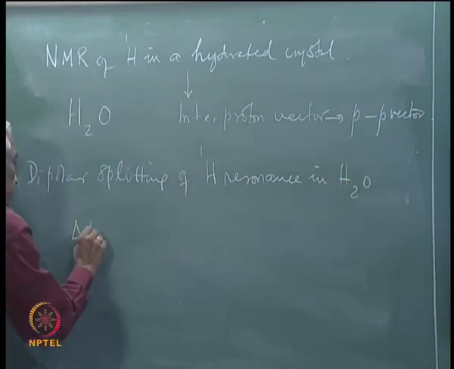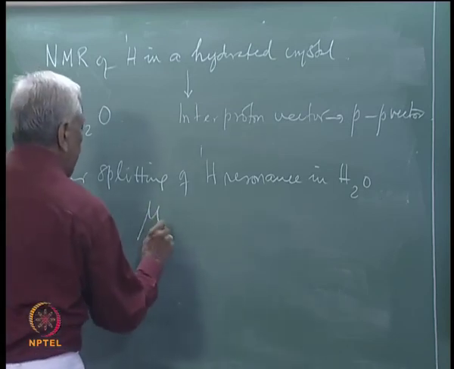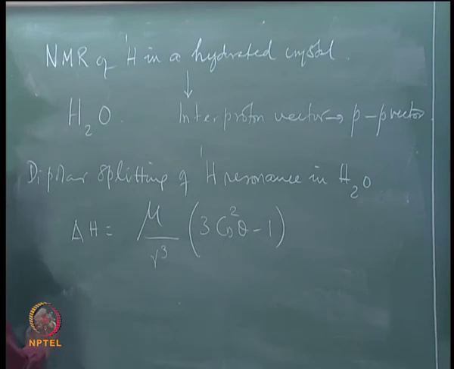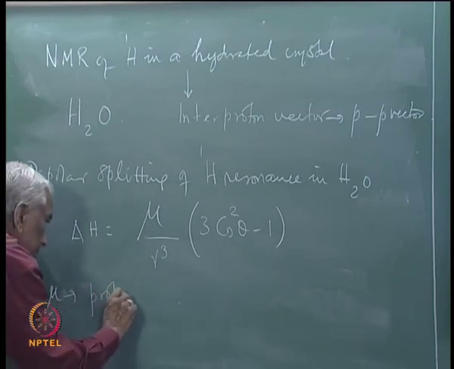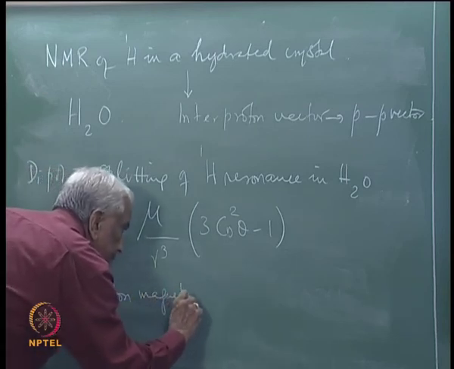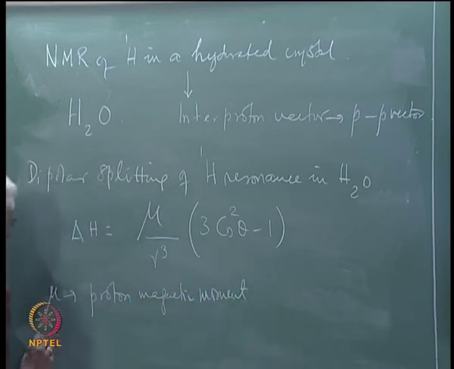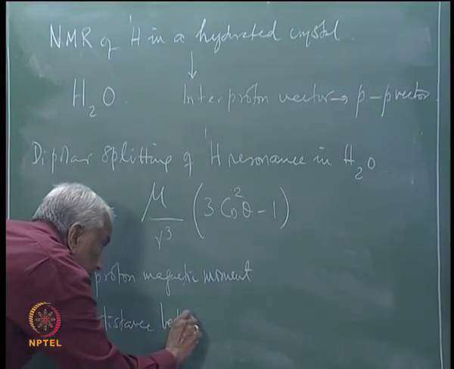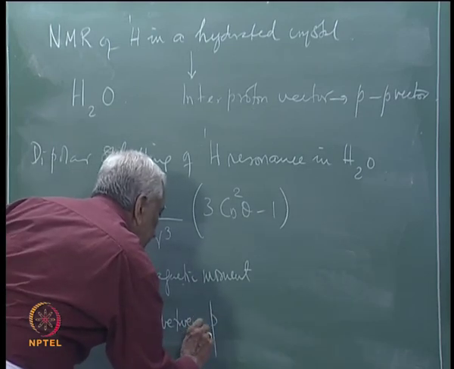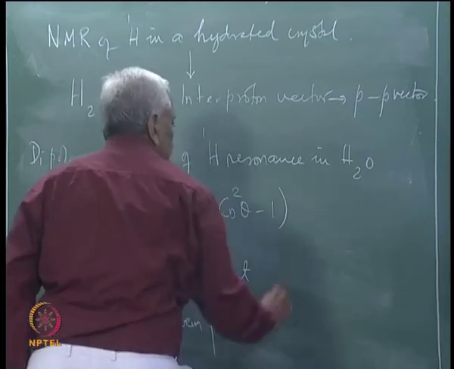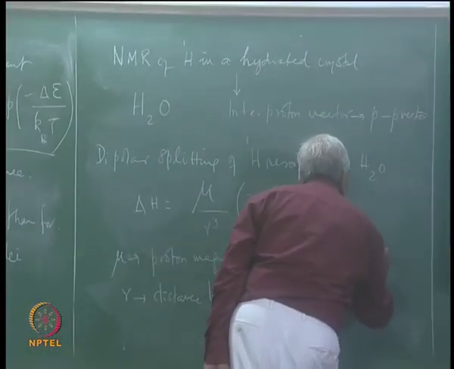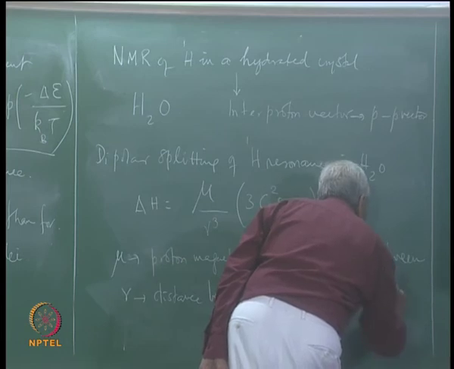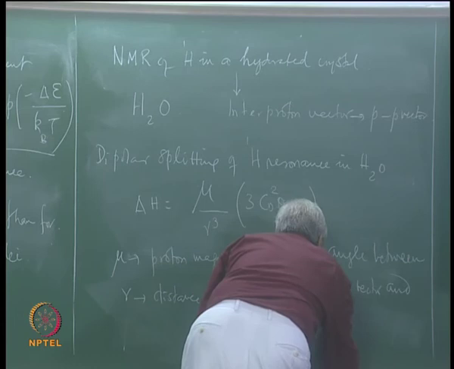This is given by, we discussed this already, mu by r cube into 3 cos square theta minus 1, where mu is the proton magnetic moment, which is known, r is the distance between protons, and theta is the angle between the PP vector and the applied magnetic field.